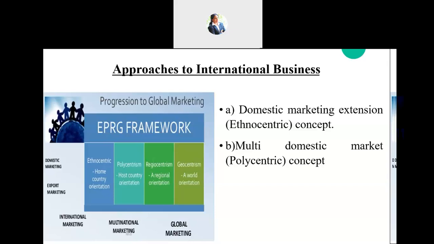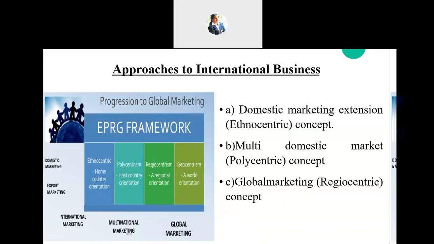And we should also remember that as the overseas operations of the companies grow, they recognize the need for different approaches to international business. Okay, and moving forward, the third one is global marketing, or what we call the regiocentric concept.